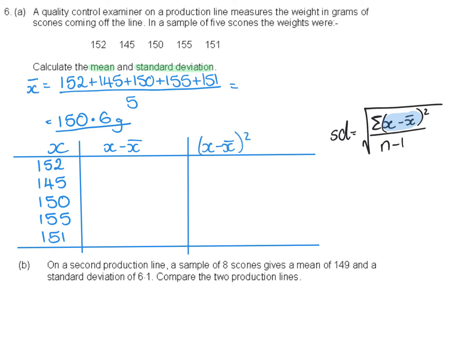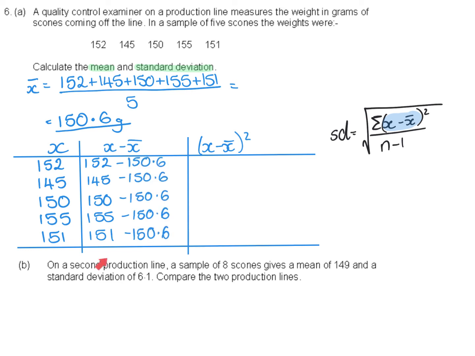So I'm going to start filling in my middle column now. All I've done there is transfer the numbers from the first column into there. And what is it I've got to take away? x bar. x bar is my mean of 150.6. So you should see that I finished off this column here by writing take away 150.6 for each of my values.